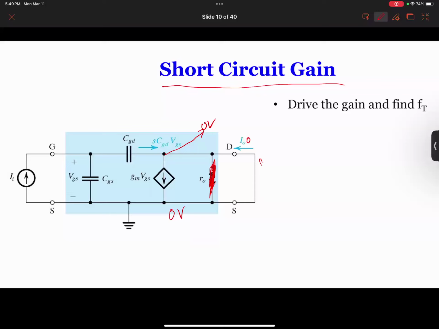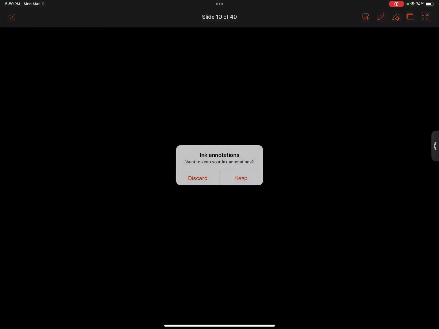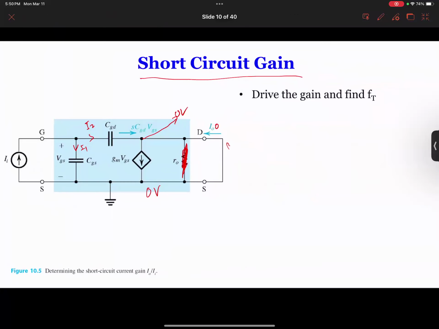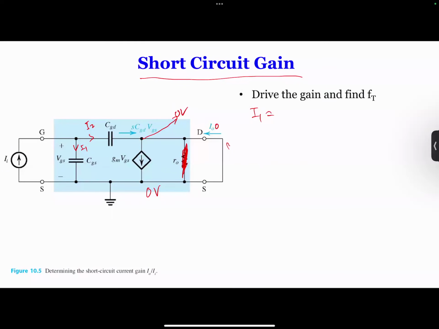Okay, so now let me ask you, what is the current over here? Let me talk about a few currents. Let's call this I1 and this I2. What is the current I1?